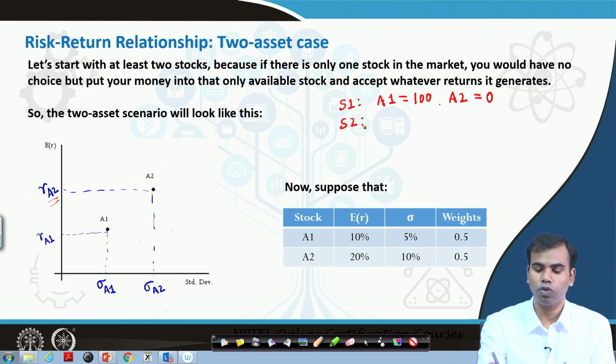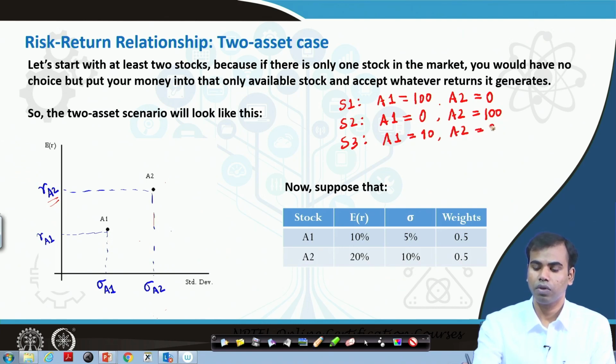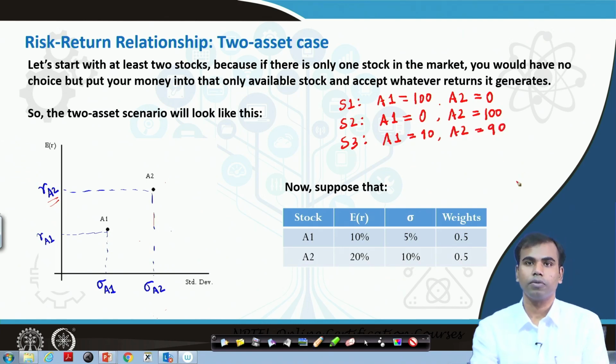Similarly, scenario 2 would be investment in A1 of 0 and A2 of 100, and then we have multiple scenarios, starting from 10 rupees in A1 and 90 rupees in A2, and so on. Essentially, it indicates the weight.